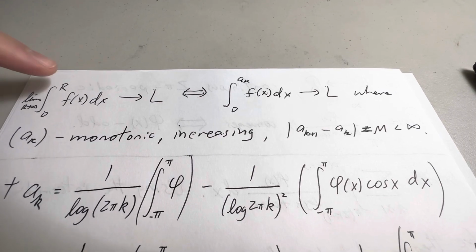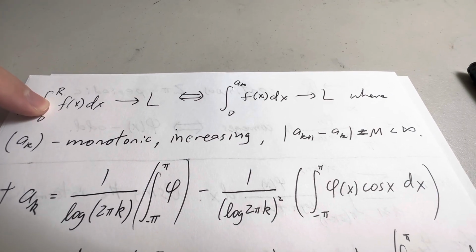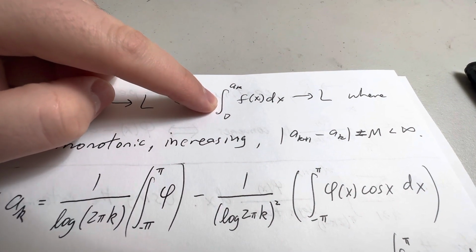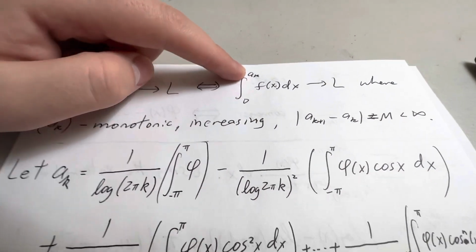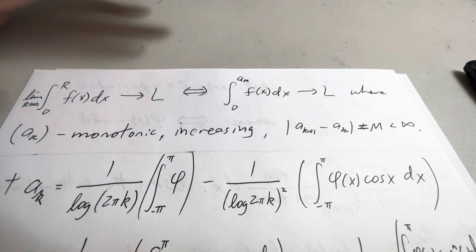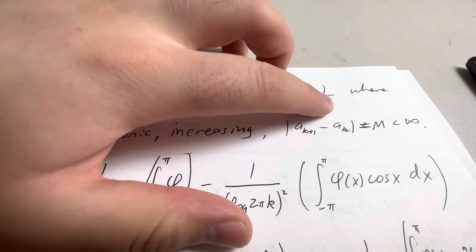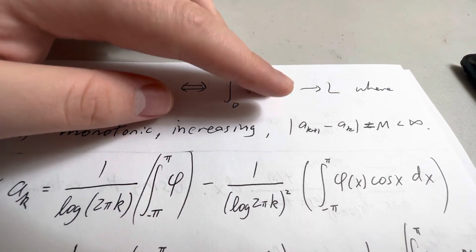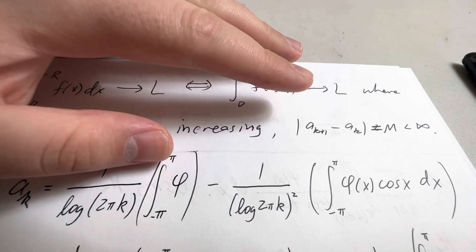What essentially it says is that this improper integral will exist if and only if this integral will converge to L as a_k tends toward infinity, where a_k is a monotonic increasing sequence, and the difference between two consecutive terms in the sequence is not infinite, I think.